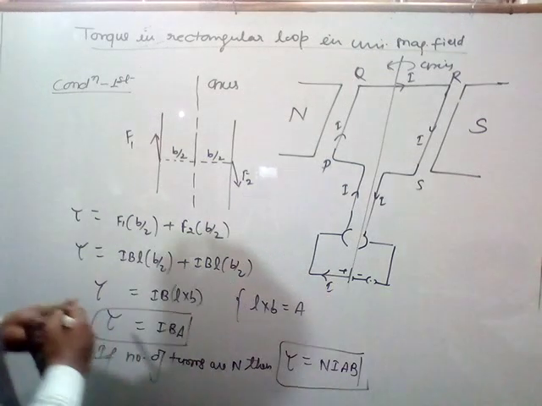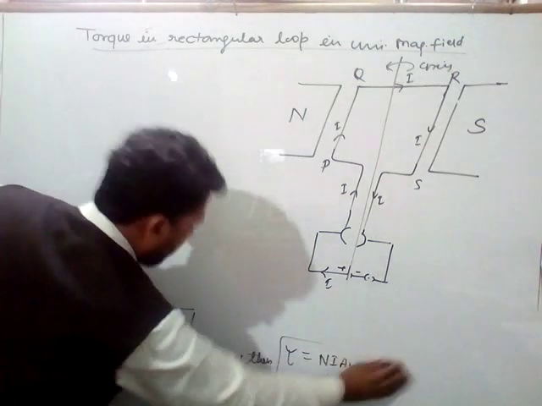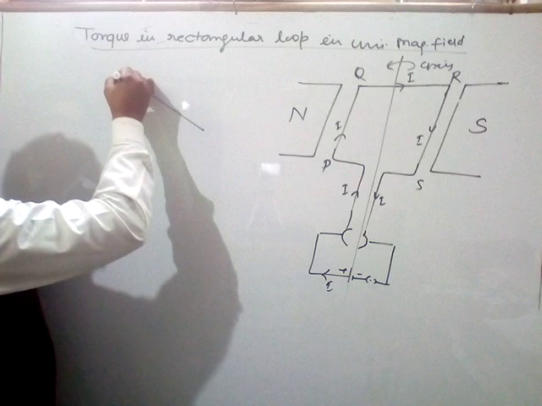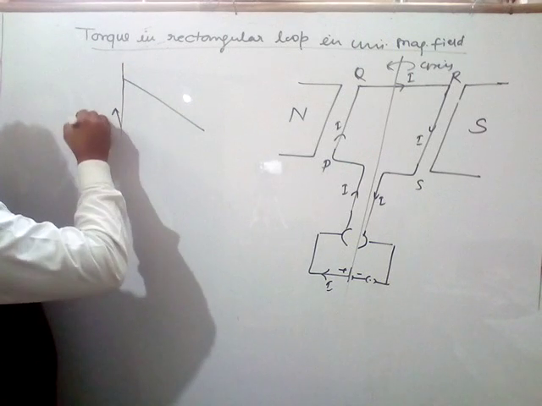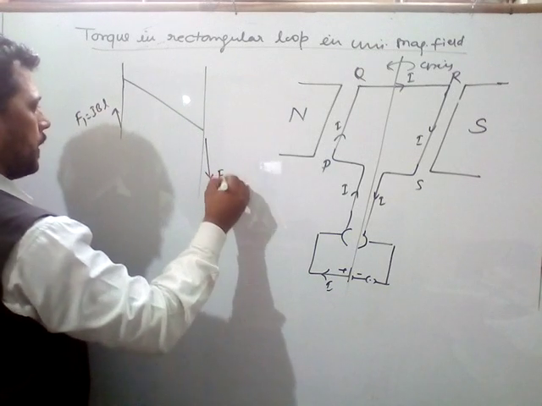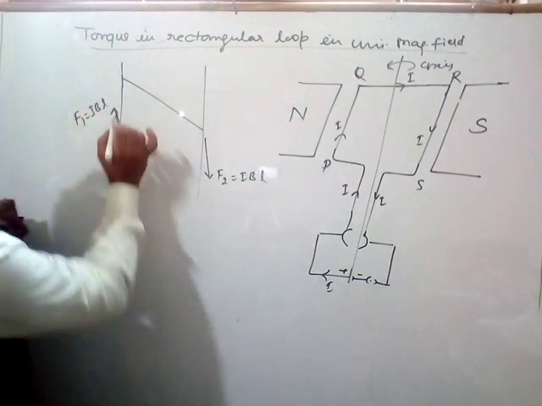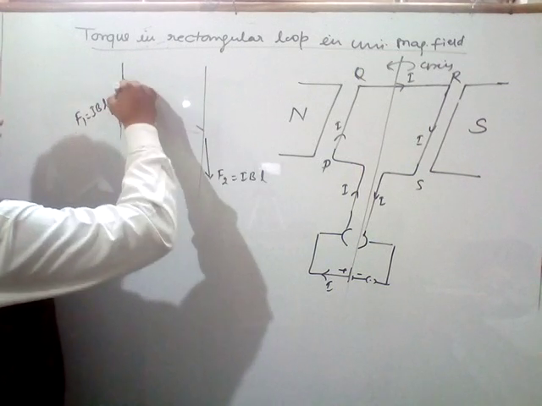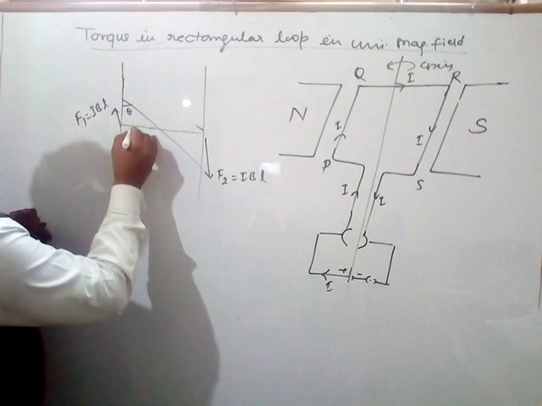And again, let me discuss whenever this rectangular loop is placed with an angle theta. Here the forces F1 equals IBL and F2 equals IBL act opposite to each other, and the loop is placed with some angle theta. The length of each half is B by 2.